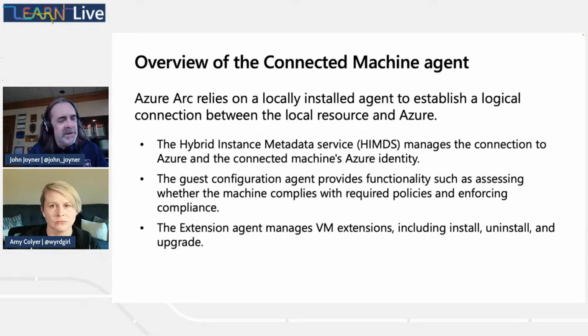So when we get into the second big demo coming up, which is the end-to-end at scale deployment with a script and service principal, the end product of that onboarding activity is a script that, when you run it, installs the Azure Connected Machine Agent on the machine.